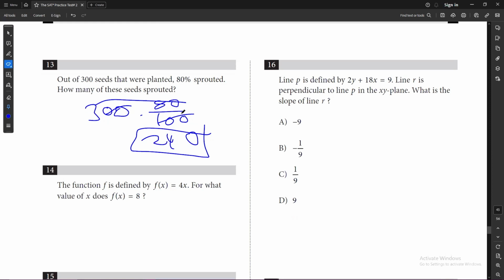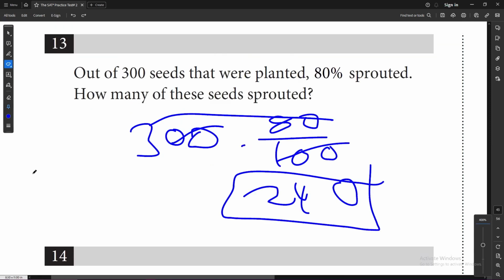By the way, we just multiply this with 80 over 100, because this is 80%, and we end up with 240. My method is a little bit different.